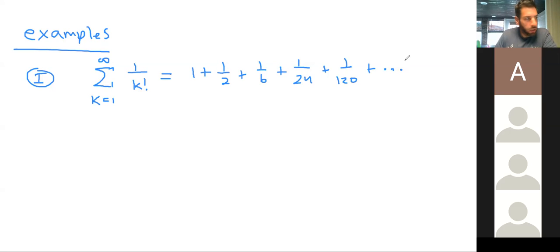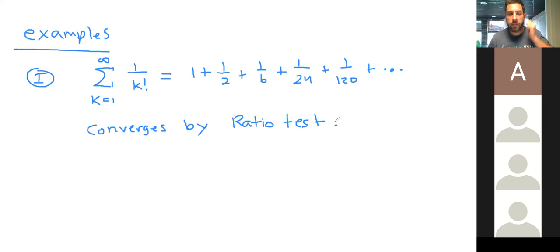One of the things you'll learn when you practice these things and do examples is that anytime you see a factorial, the ratio test should be your first choice of test, and more often than not, it'll get the job done. So let's see why.